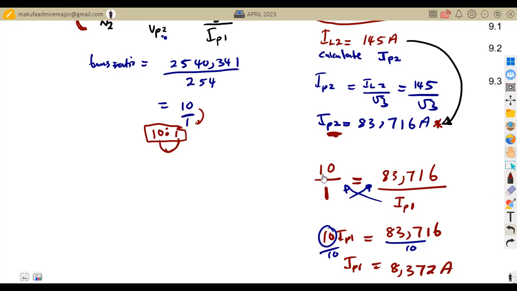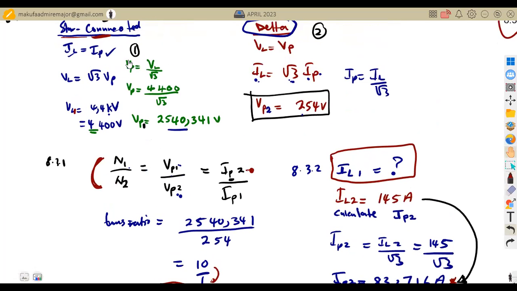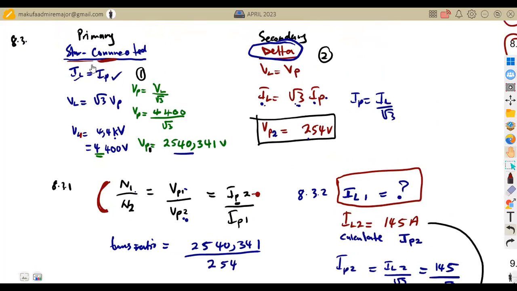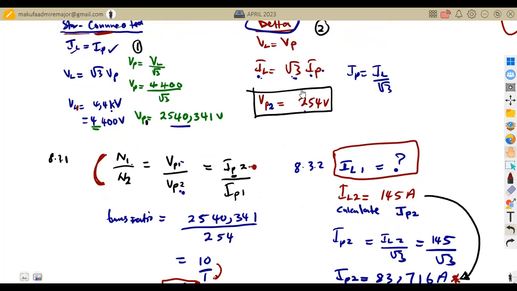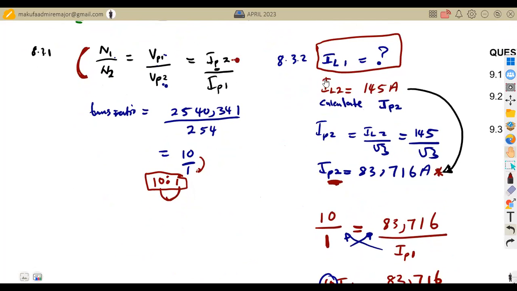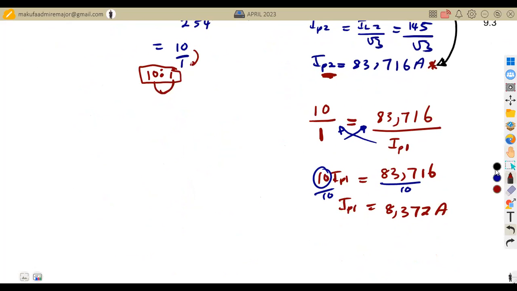But remember, in the primary, we are dealing with a star connection, whereby the line current is equal to the phase current. And as we are being asked to calculate the line current, our line current from the primary is going to be equal to 8,372 amps.